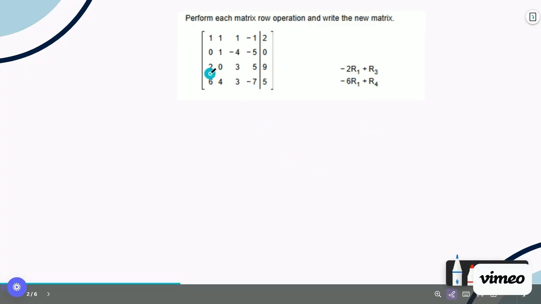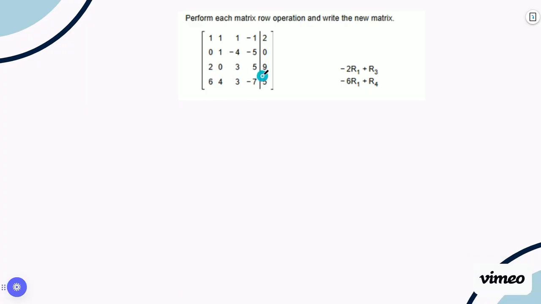So I've got 2, 0, 3, 5, and 9. Oh, sorry, row 1, I've got 1, 1, 1, -1, and 2. So I'm going to say -2 times 1, so that's going to be -2. Then I will add it to the first element in row 3, which is 2. And then -2 times 1, which is -2 plus 0.